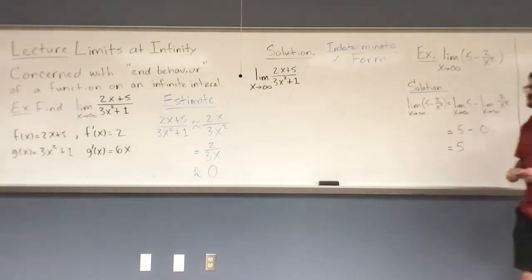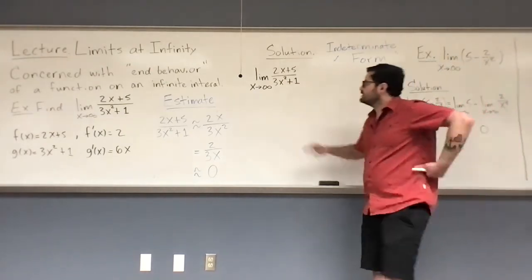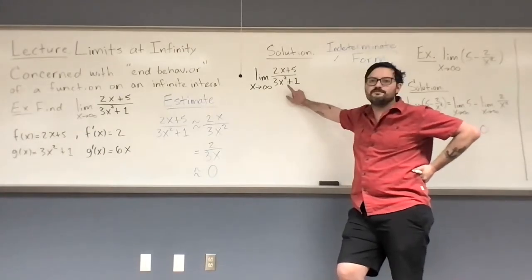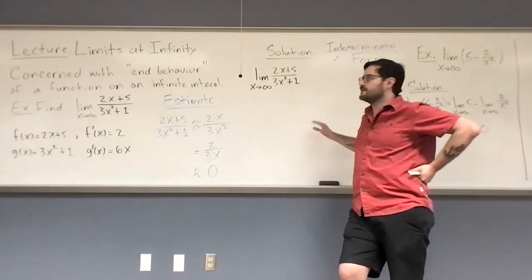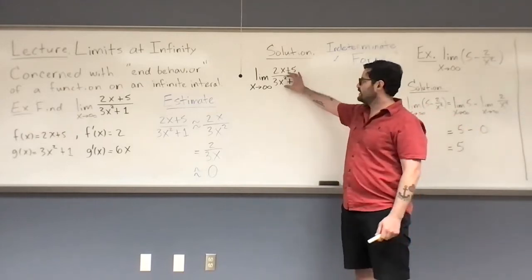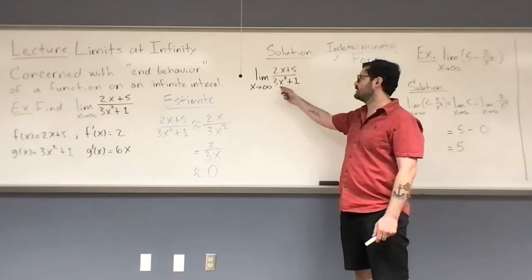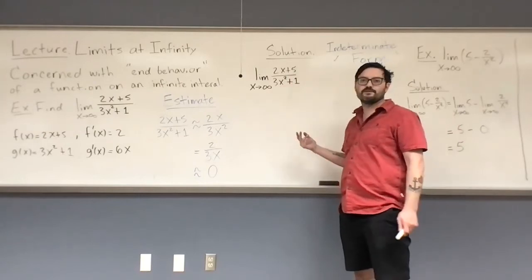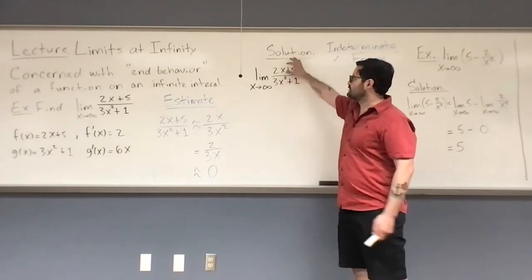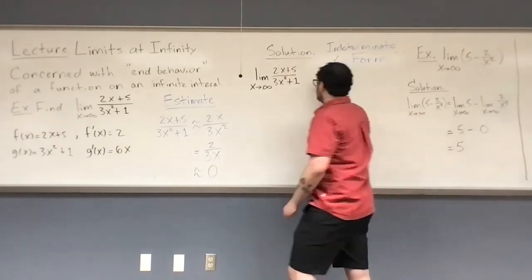And here I see that the highest power for any x is 2. So if I want to eliminate x squared right there, I'm going to have to divide everything by x squared so that x squared goes away, which would also take care of that one. And you'll see what I mean in a moment.